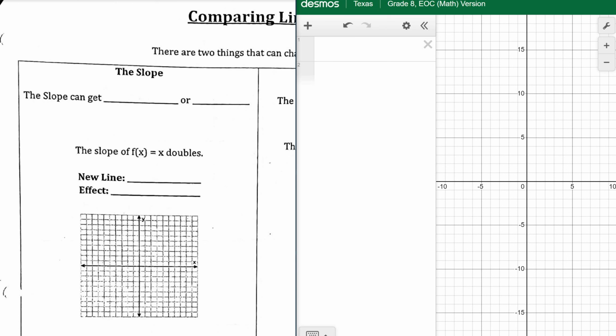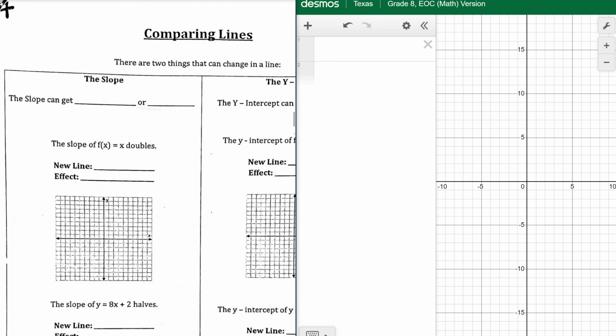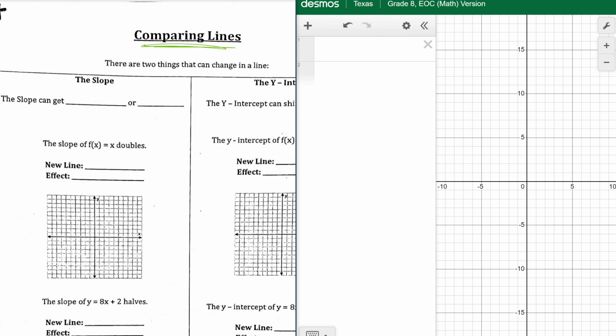All right, we see that we are checking what happens, comparing lines. What happens when we do something to a line? If we change the slope, what can happen to it? It can either get steeper or flatter. More flat, less steep. Okay.